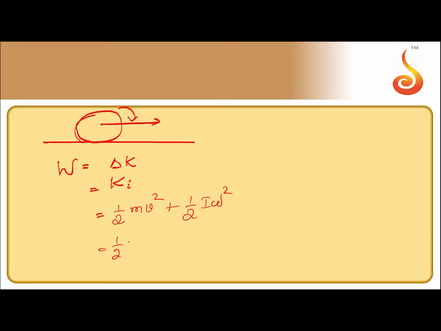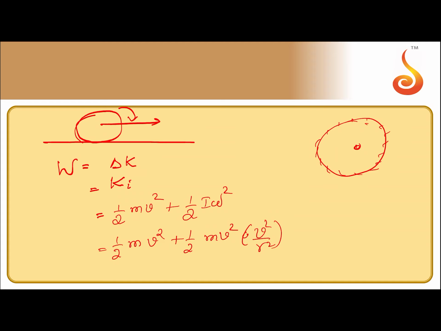Further, I is equal to mr square. A hoop means a ring, so entire mass is concentrated only at the circumference. So it's as good as a point mass, and v is equal to r omega. So omega is v by r, so I am going to write v square divided by r square.